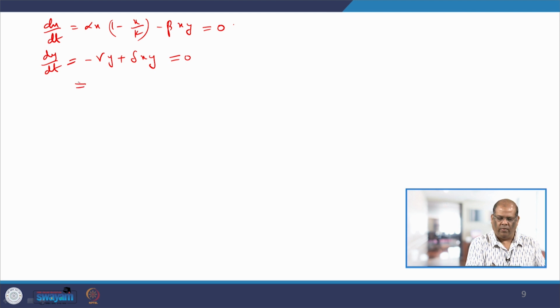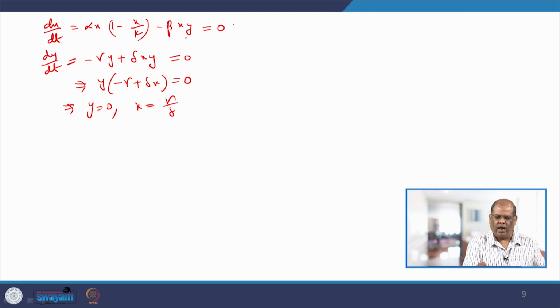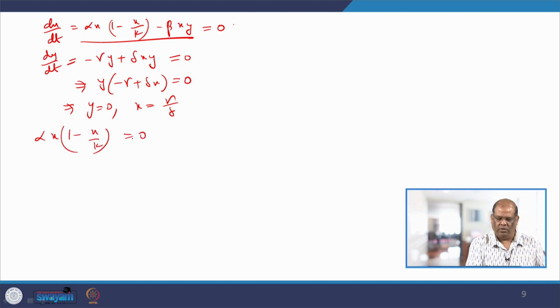So, you put both equal to 0. From the second equation you get y(minus gamma plus delta x) equal to 0, which implies y equal to 0 or x equal to gamma by delta. If you put y equal to 0 in the first equation, you get alpha x (1 minus x by k) equal to 0.